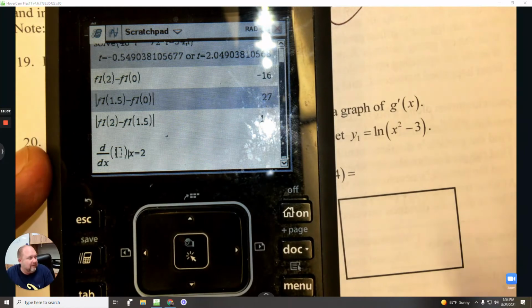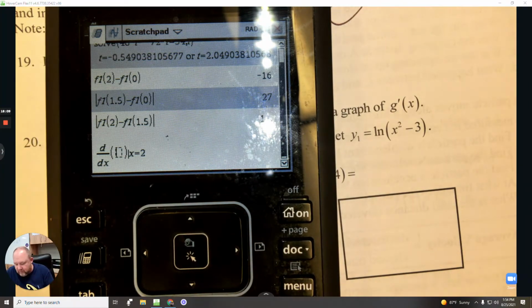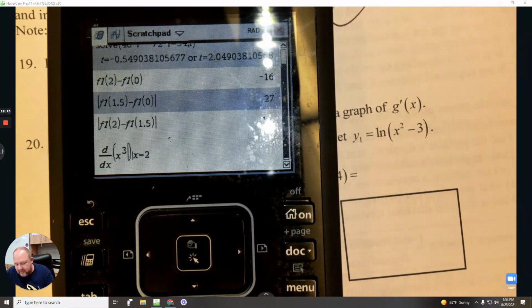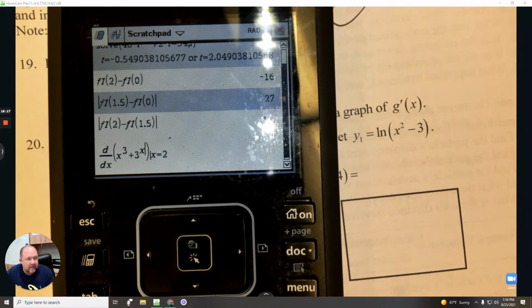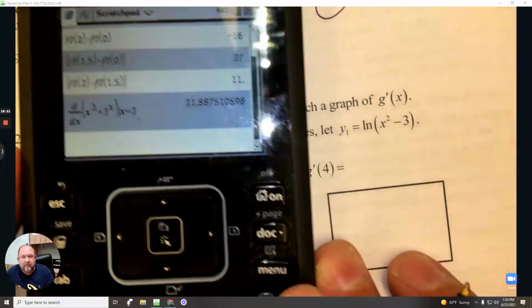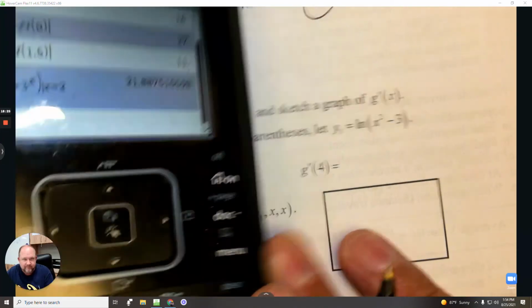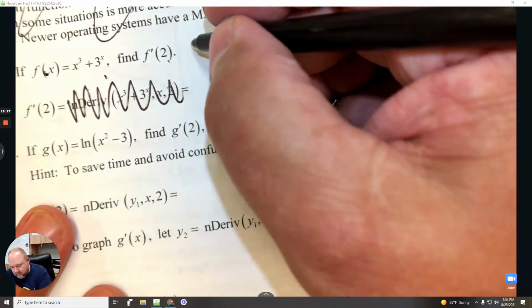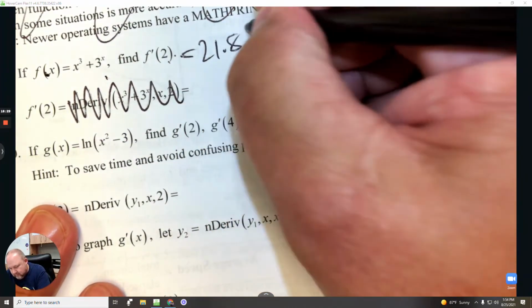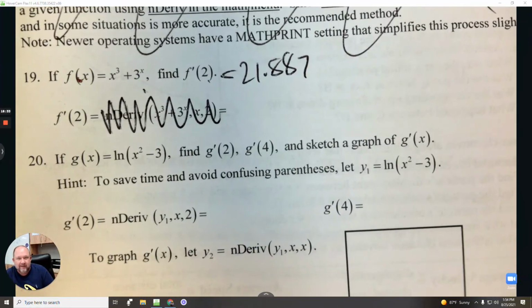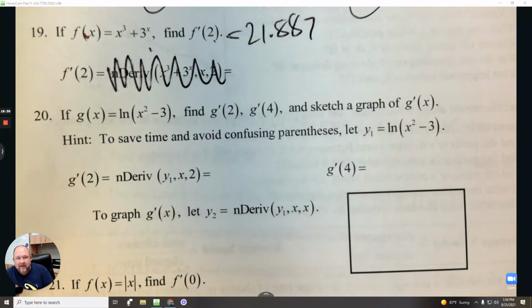And then you type in the function. So that's x cubed plus 3 to the x. And that's it. Press Control Enter, and you have your answer. You don't have to round. And there's your answer.